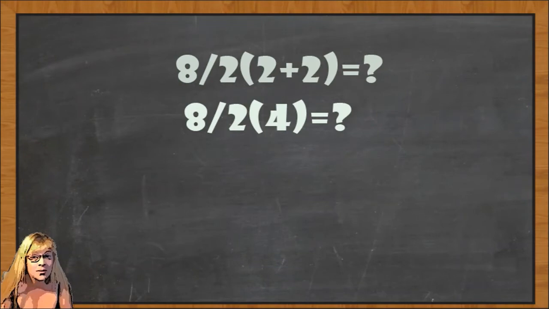As we know, because we just heard from the rules, we will do what is in the brackets first. What's in the brackets is 2 plus 2, so that makes it 8 divided by 2, in brackets 4, end bracket, equals question mark.